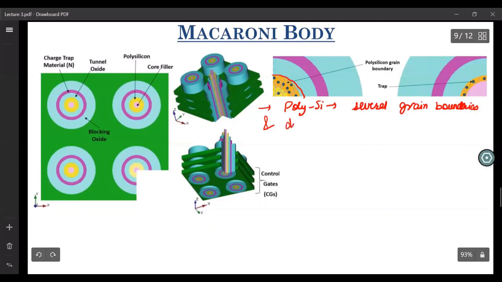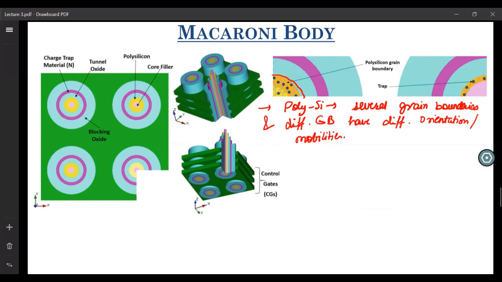Let me write grain boundaries as GB. Different grain boundaries have different crystal orientation, and if they have different crystal orientation, they also have different mobilities. So you have several such grain boundaries across your channel.